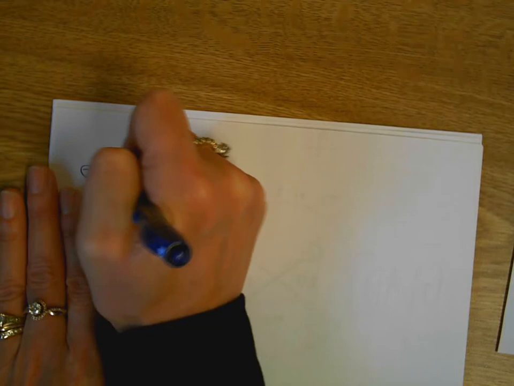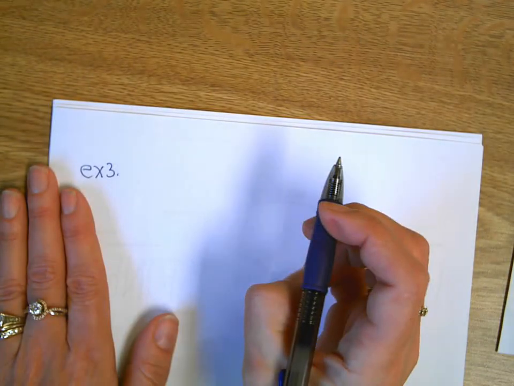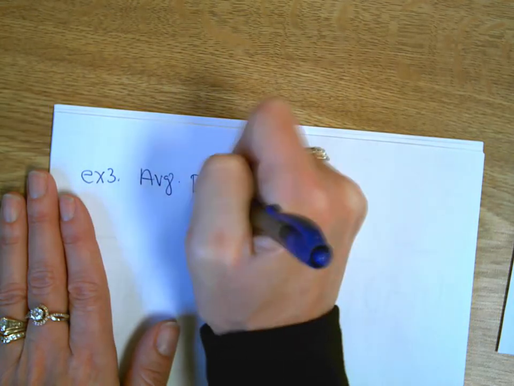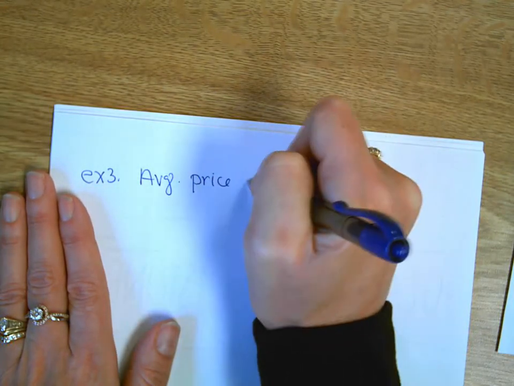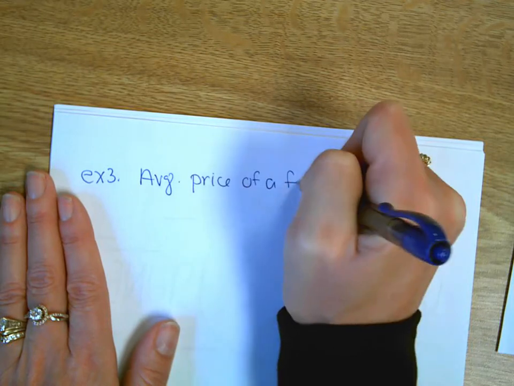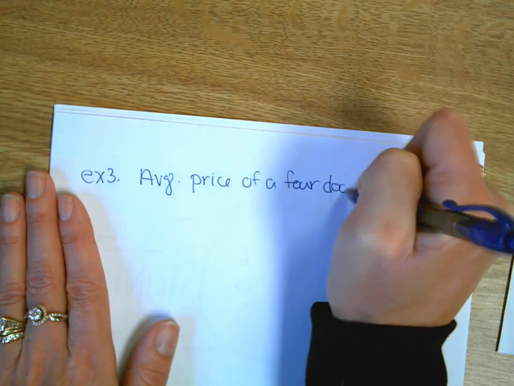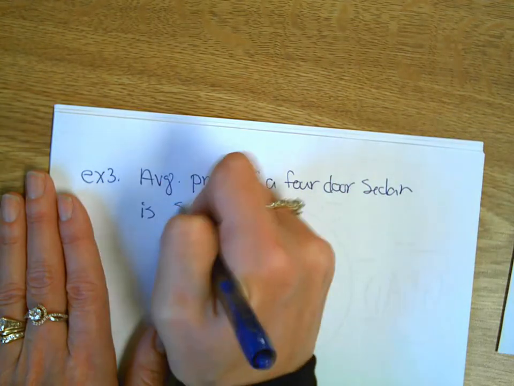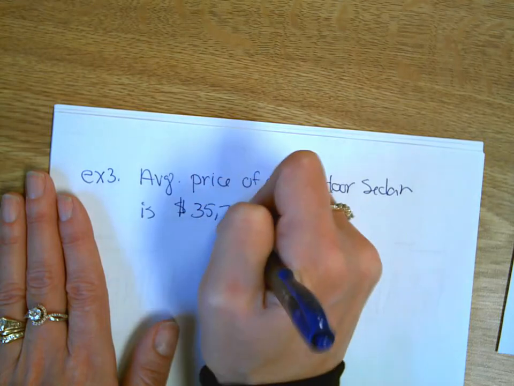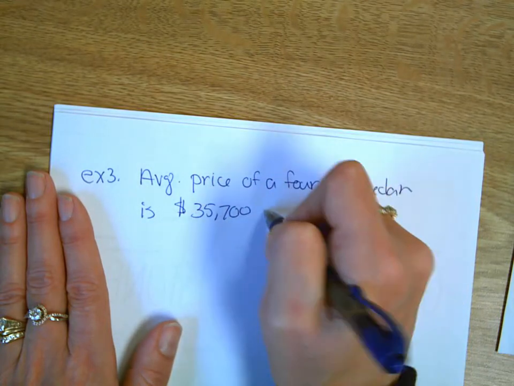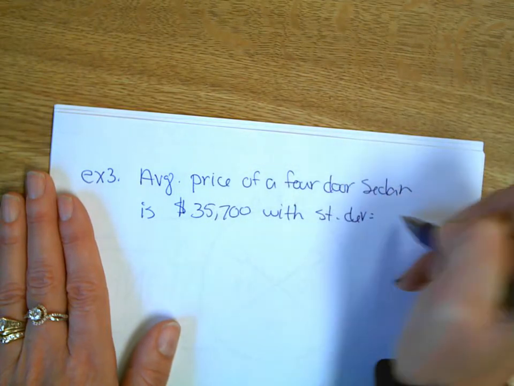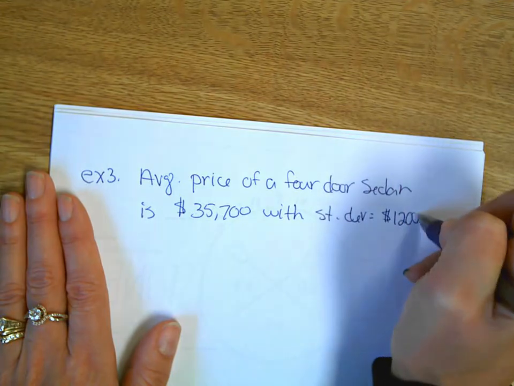Okay, number 3. The average price of a 4-door sedan, I must have looked this up more recently, is $35,700, with standard deviation 1,200.